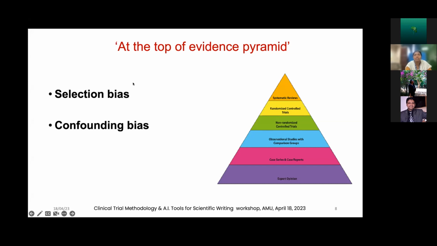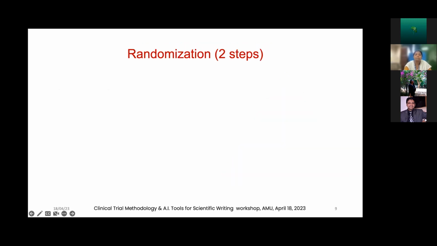Since randomization eliminates these two biases, it sits at the top of your evidence pyramid. In the hierarchy of evidence, RCTs, pooled analyses and meta-analyses occupy the higher position, mainly because these biases are overcome by randomization.